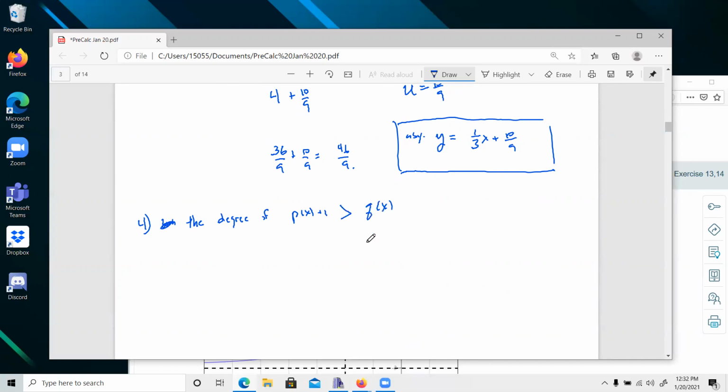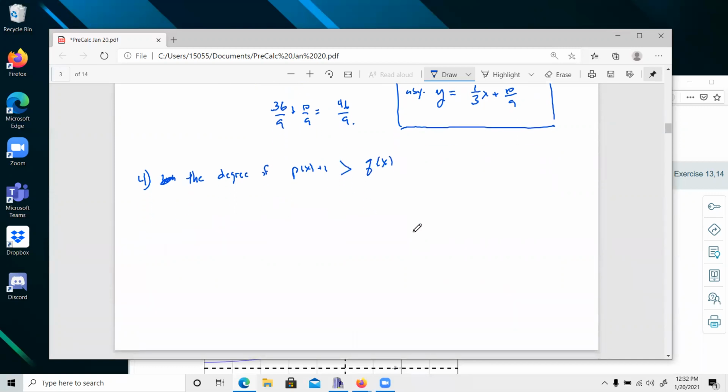So what we're talking is like the degree of P of X is 2 more than the other one. Okay, so something like x cubed minus 1, say over x plus 2. Okay, degree of 3, degree of 1. This is more than 1 apart. Okay, x to the 5 plus some stuff, something like that.